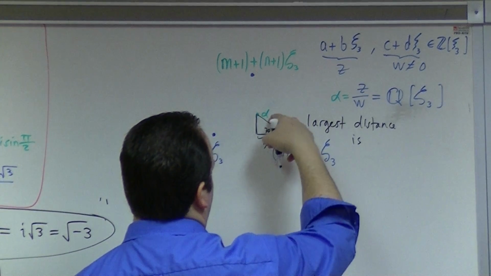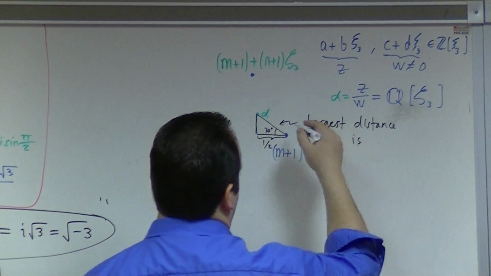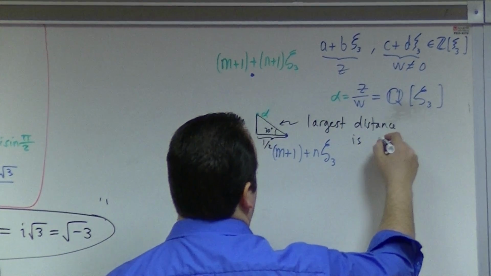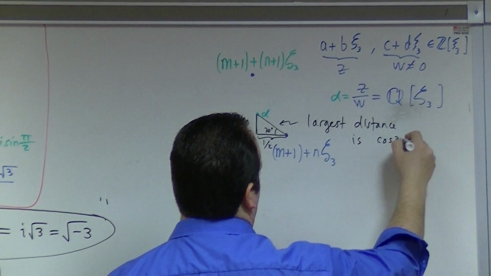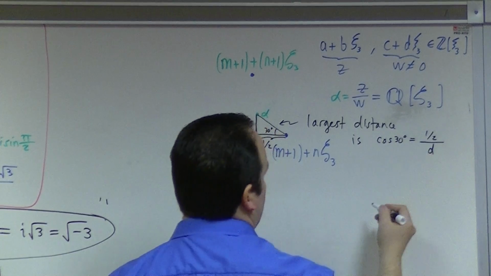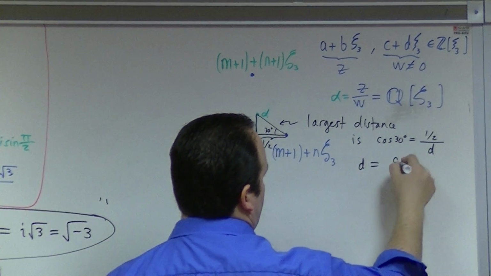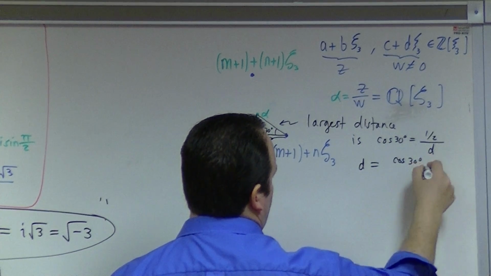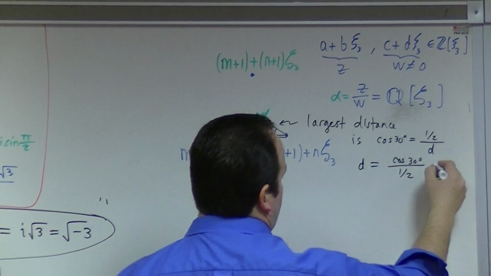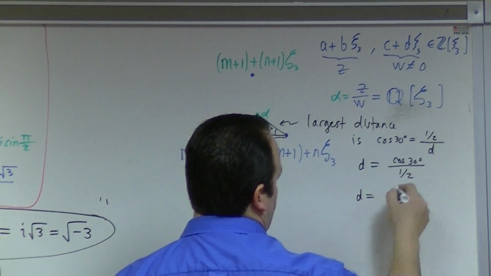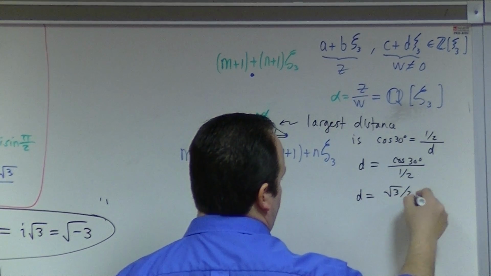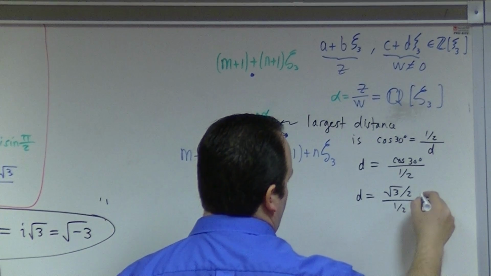Well, I just want to figure out what the hypotenuse is, right? So what can I use? I could use cosine. Cosine 30 degrees is equal to 1/2 over the distance I want to know. That's the worst case scenario. Cosine of 30 degrees is square root of 3 over 2, right? Oh man.